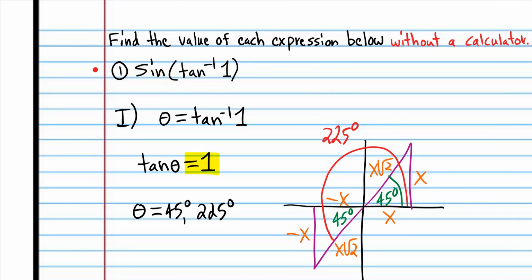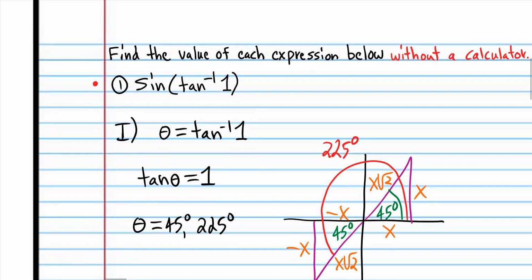If we were starting with this equation down here, then theta would most likely be more than one value if you're looking for a certain range of values. But we're not starting with an equation. We're starting with just an expression. We want to find the value.